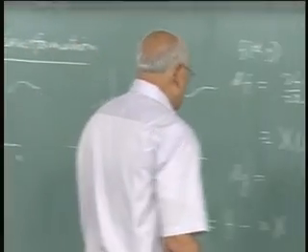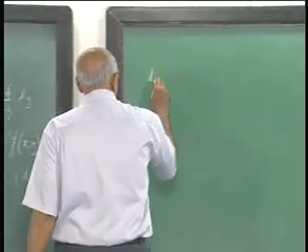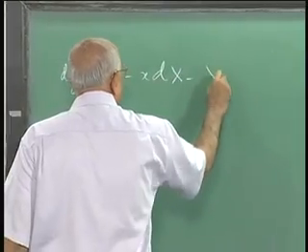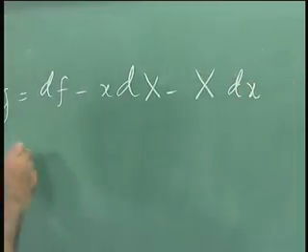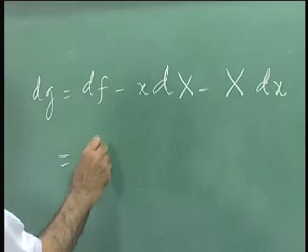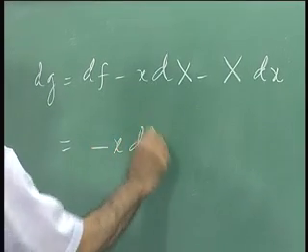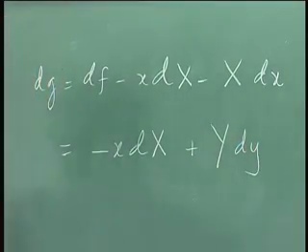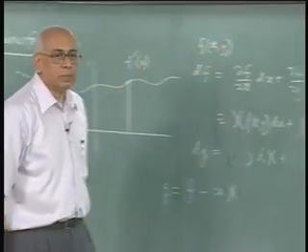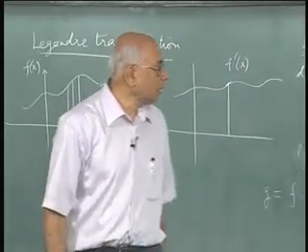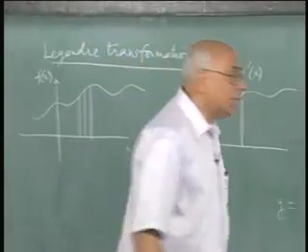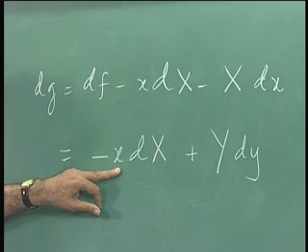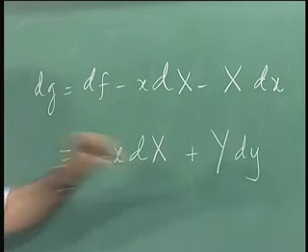Invariably you have to subtract out, so let us write down what dg is. dg equal to df minus x dX minus X dx, and that is equal to minus x dX plus Y dy, because this term cancels out on both sides. But you must remember that this little x must be now re-expressed in terms of capital X and little y.